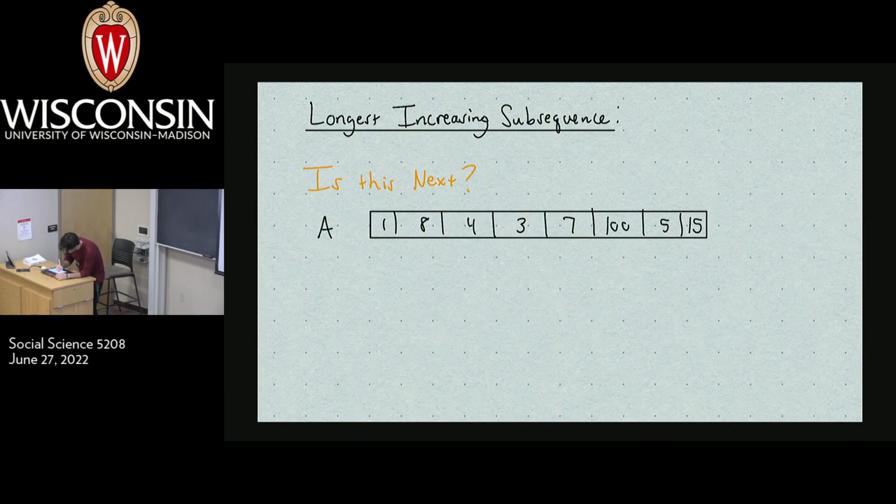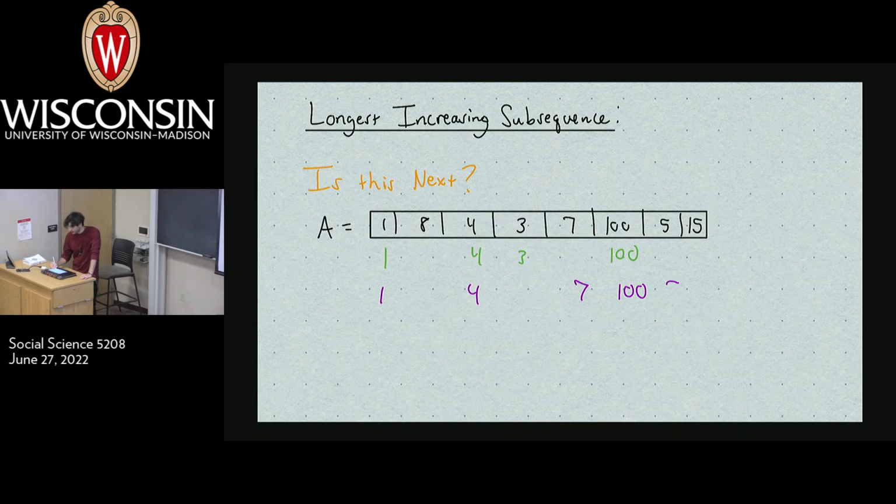So you have some array, and you want to come up with a subsequence. A subsequence means you're just going to select a couple of these in the same order, like 1, 4, 3, 100. So the order is the same. And you want to pick an increasing subsequence, which means each number increases. So this would be, for example, an increasing subsequence.